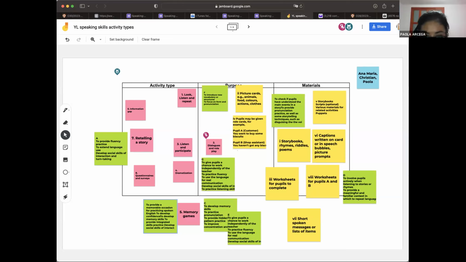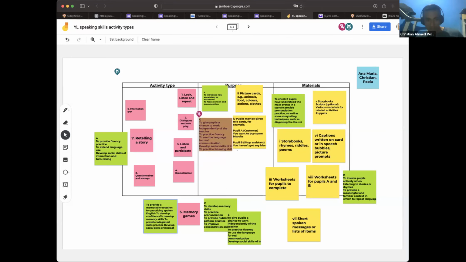And also with the dialogues with another student, they can practice listening skill. It's because it's a real communication. Okay, I agree with you. Two and C. Yes, two and C. Okay.